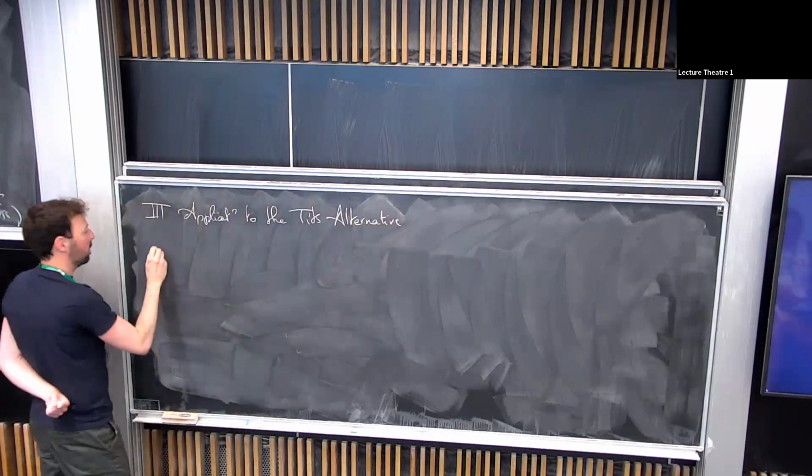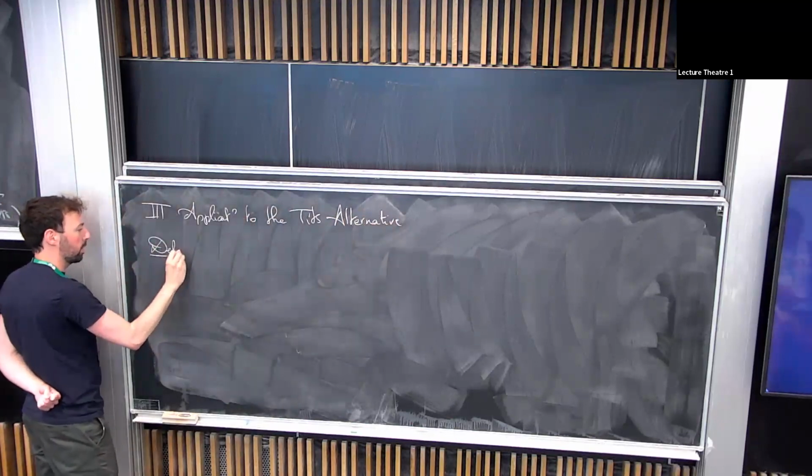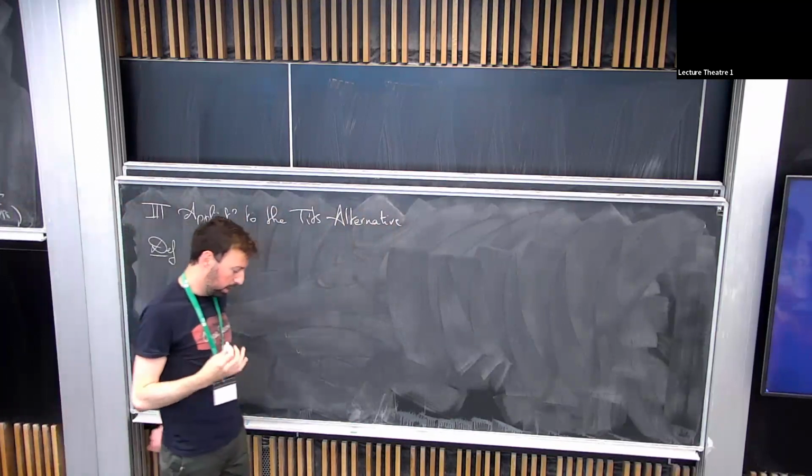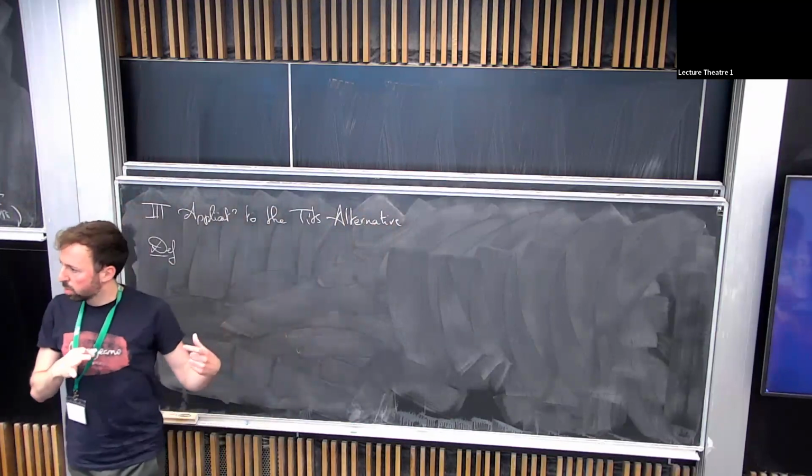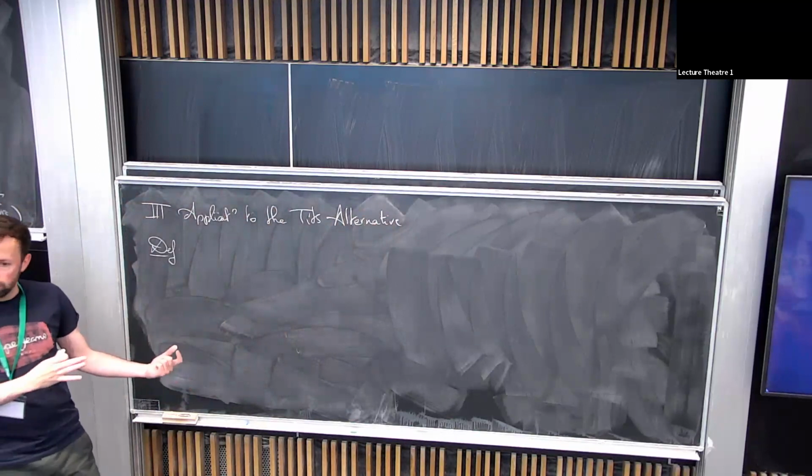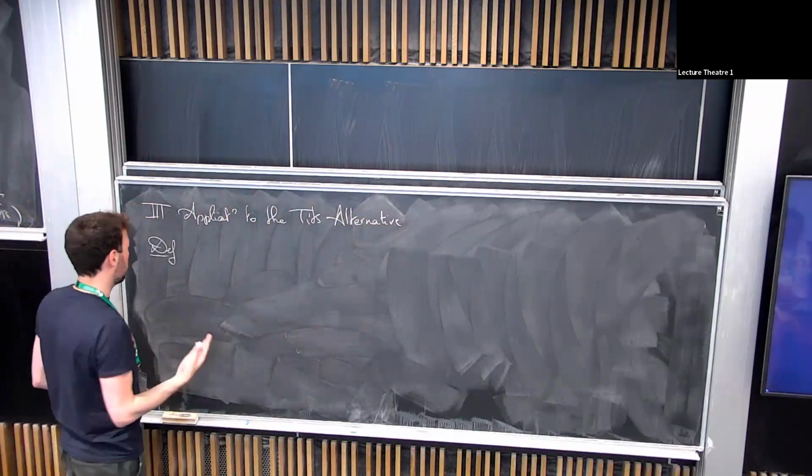The Tits alternative is a very nice phenomenon that tells you that in some cases the subgroups of your group are either really big, they contain F2, or really small, they're virtually solvable.